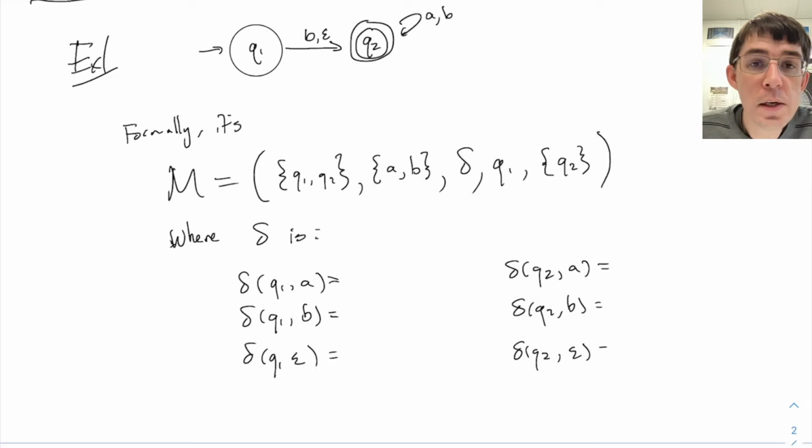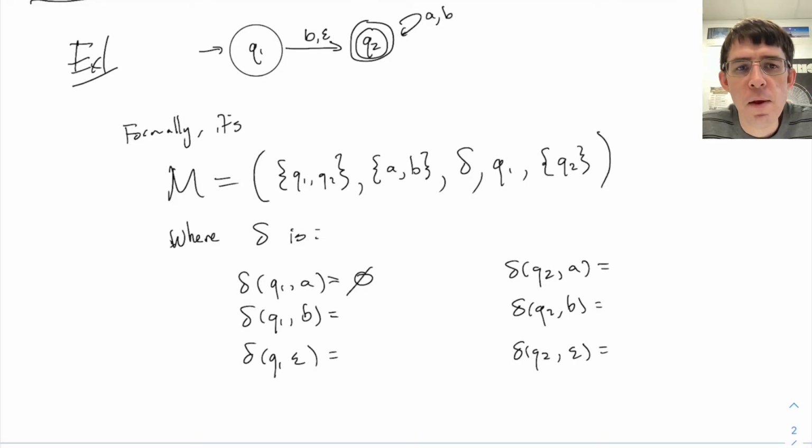Okay, so delta of Q1 A. It means, where do you end up if you're in Q1 and you do an A? The answer is nowhere. There is no arrow from Q1 to anywhere with an A labeled. So this is the empty set. I'm always going to write the empty set with that sort of crossed off 0.